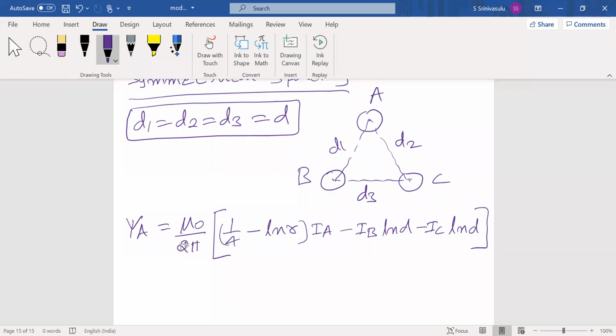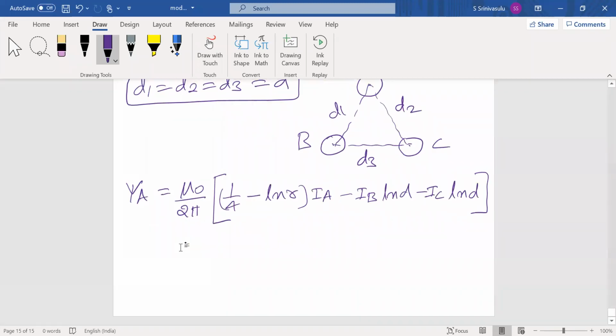Now after that, I can write mu naught by 2 pi, the same as it is, 1 by 4 minus ln of r into Ia. Here minus is common, ln of D is common to both.